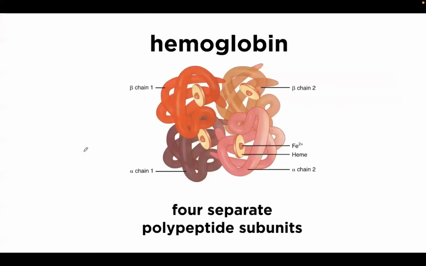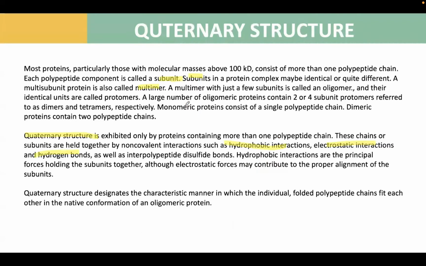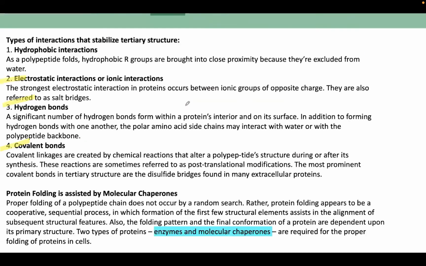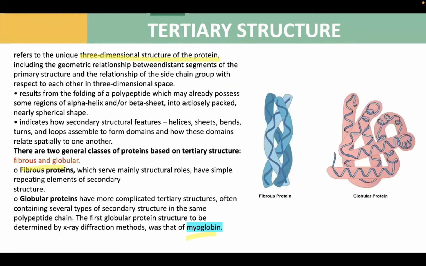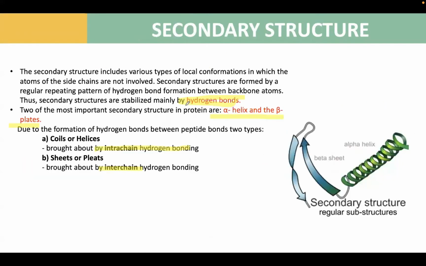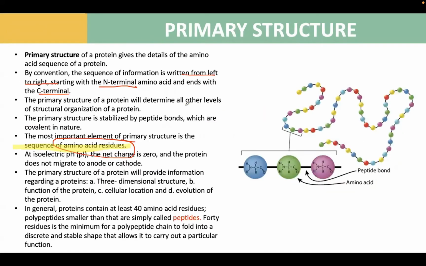So ano ba yung mga sinabi mo, ma'am? Ito po siya. Example natin si hemoglobin. It has 4 separate polypeptide subunits. Medyo complex kasi yung pagkakabuo o yung structural characteristic of a hemoglobin. Thus, it falls under the quaternary structure. Hindi po siya tertiary kasi it's not under the fibrous protein or globular protein, hindi din siya secondary, hindi din siya lalong primary.